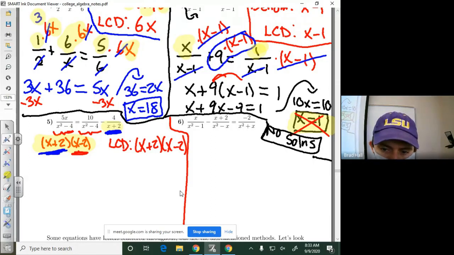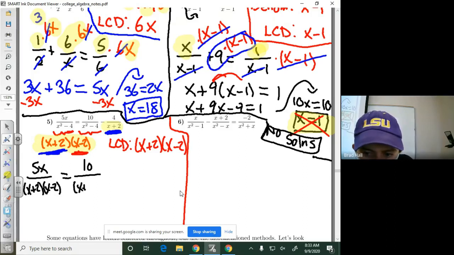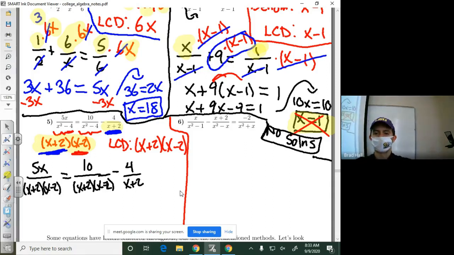So now what we have, so I'm going to rewrite the problem. I rewrote the problem from before, but I replaced all those denominators with their appropriate factorization.